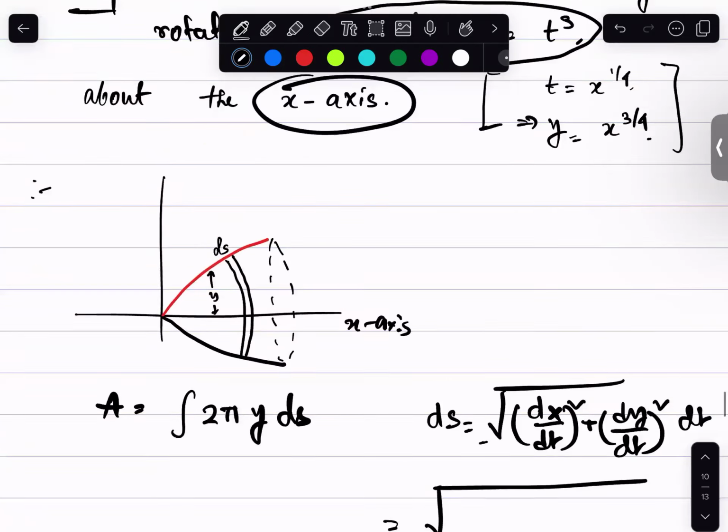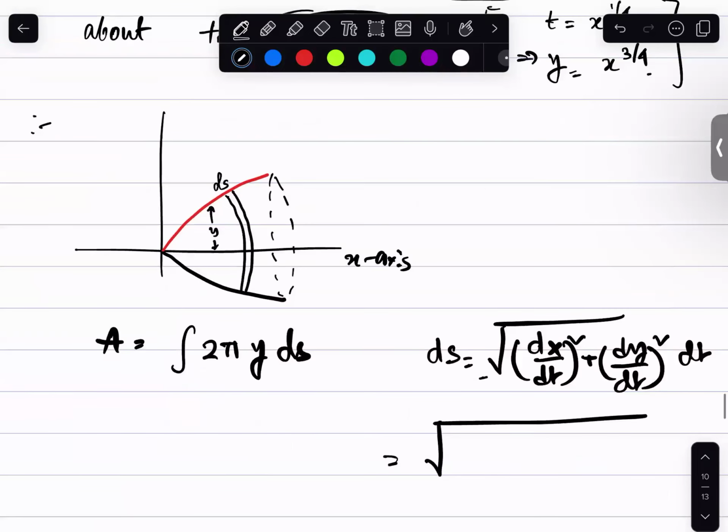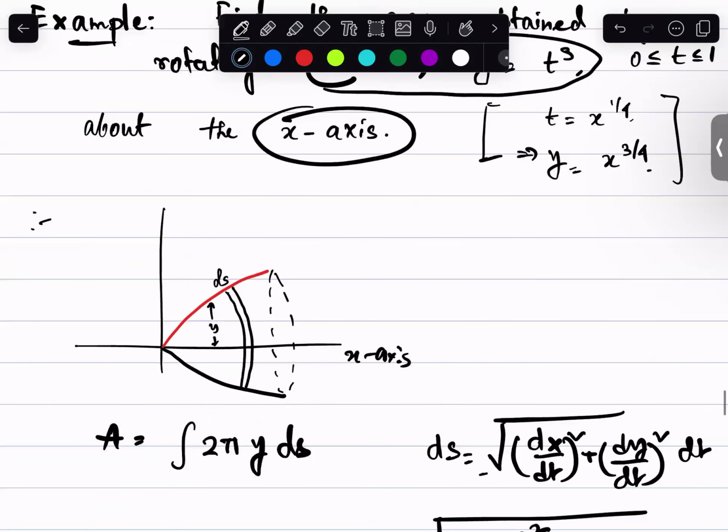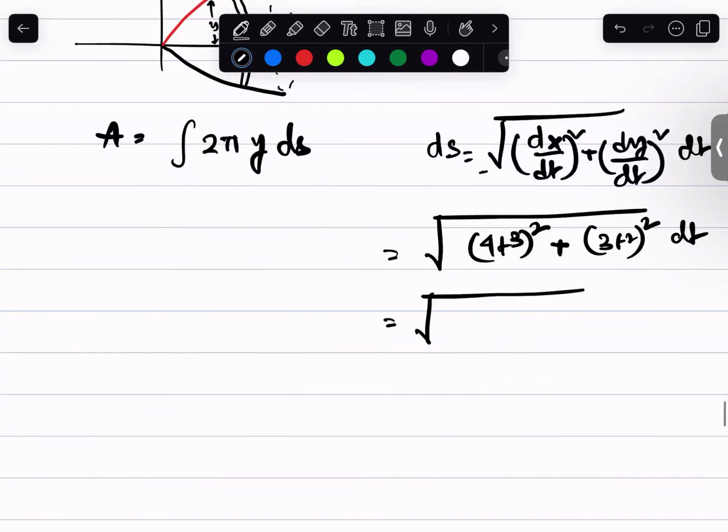Now do the simple calculations. So x is t to the 4. So dx over dt will be just 4 t cubed, squared. And similarly, dy over dt will be just 3t squared, squared, and dt is as it is. So this will be 16 t to the 6 plus 9 t to the 4.